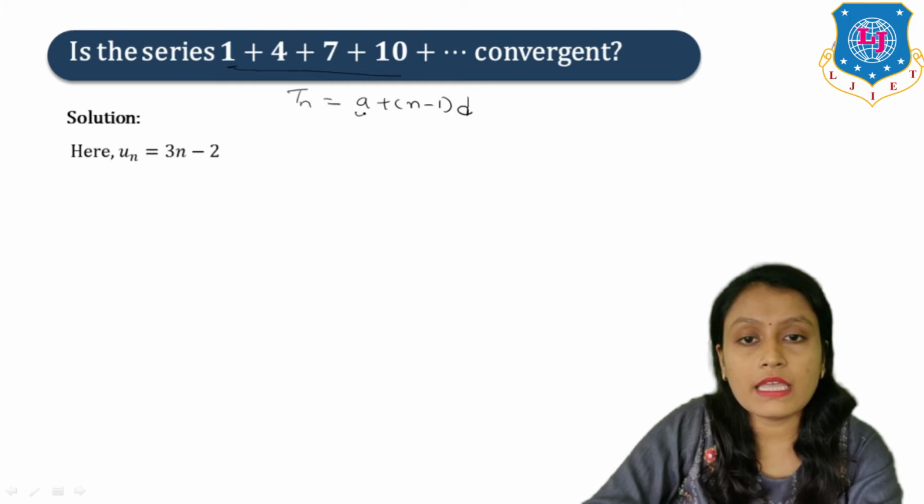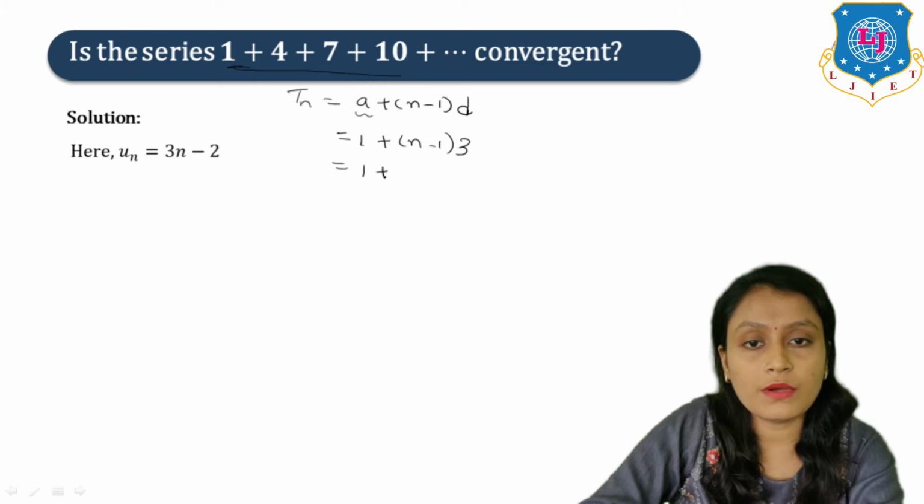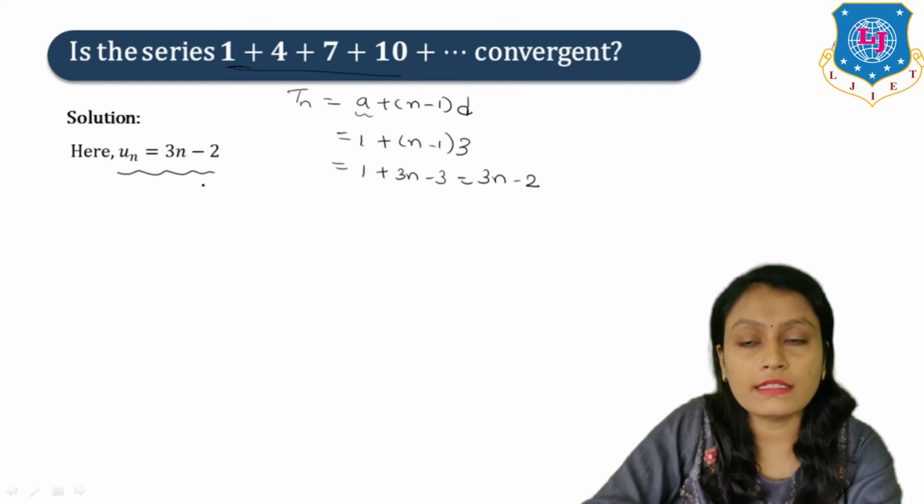Okay, this a means first term. So from here your first term is 1 plus n minus 1. D means difference. So 4 minus 1 will give you 3. Okay, just simplify this. So you will get 1 plus 3n minus 3. On further simplification, 3n minus 2. So this is your un, that is the nth term.